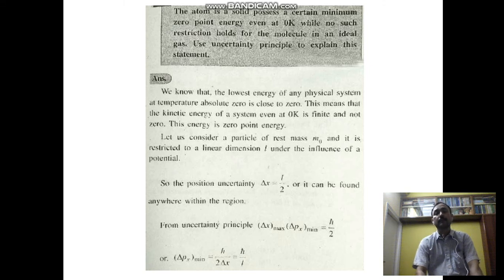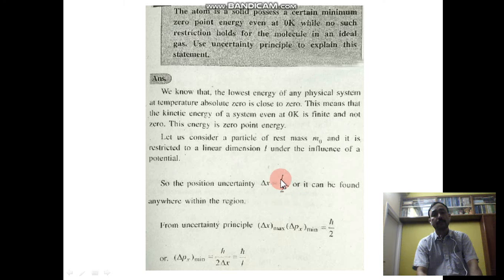Consider a particle of rest mass m0, restricted to a linear dimension L under the influence of a potential. So the position uncertainty is delta x equal to L by 2. So it can be found anywhere within this region.